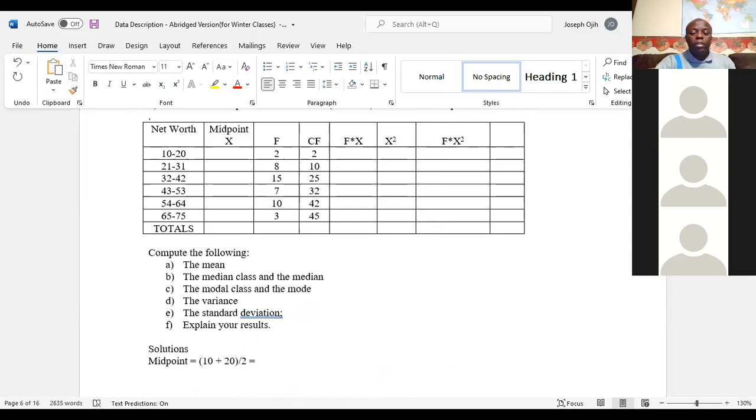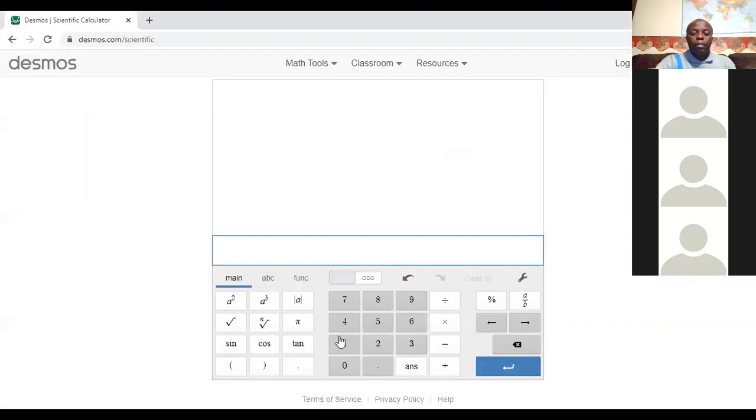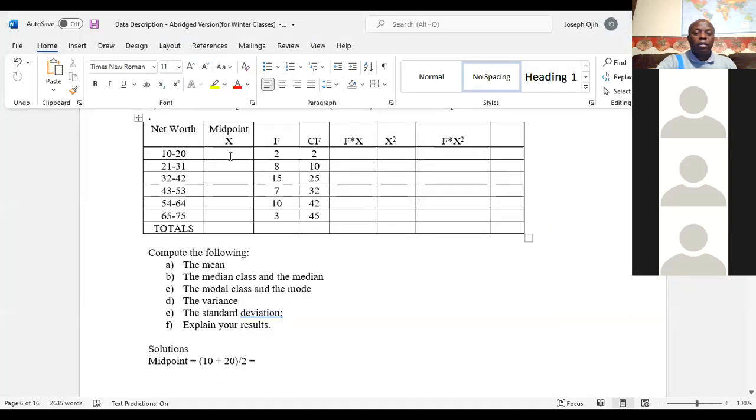So following this approach, you will have 10 plus 20 divided by 2 gives me 15. So we go back and put it in as the first midpoint, 15, which is 15 here.